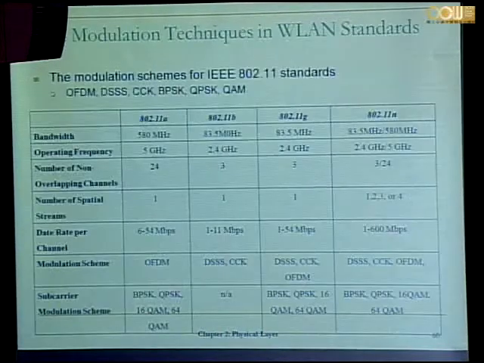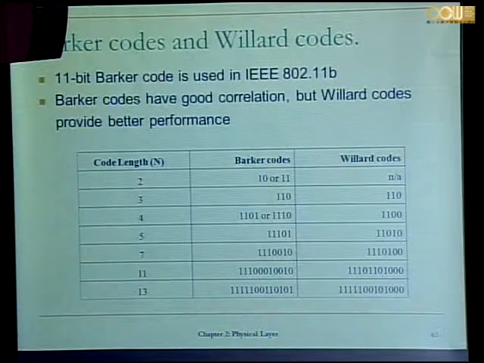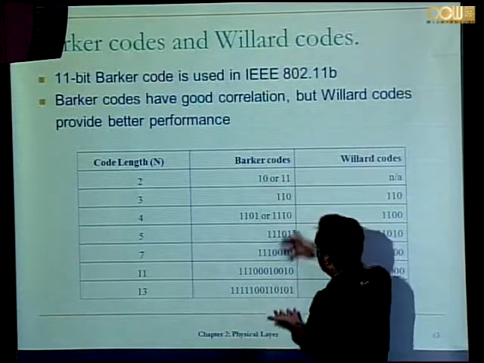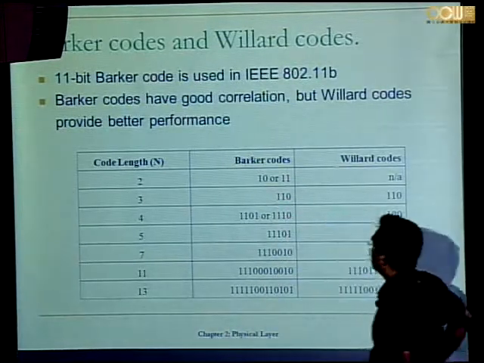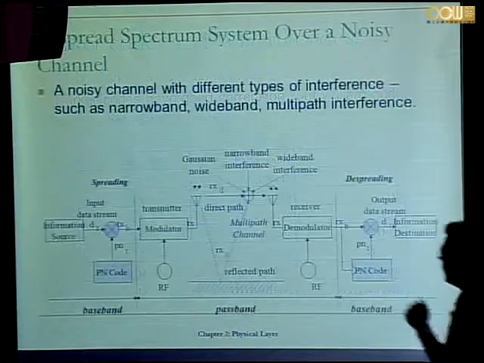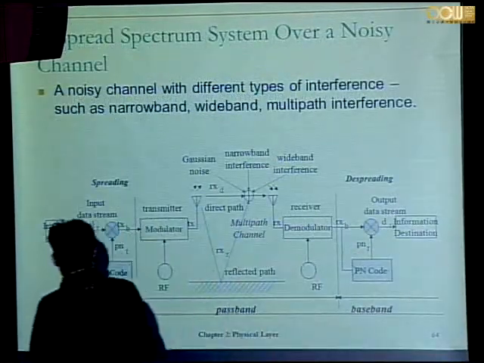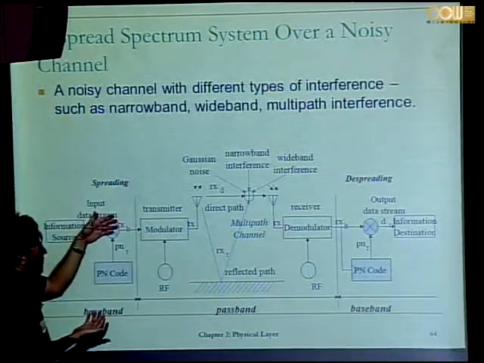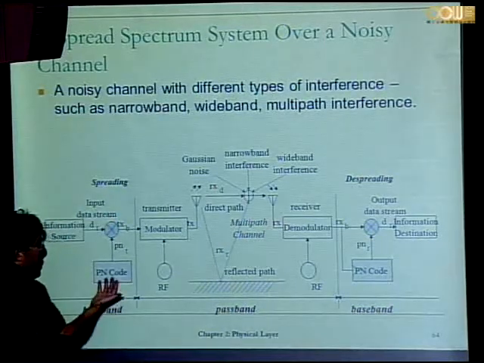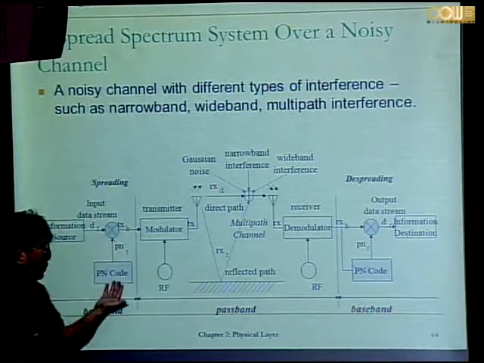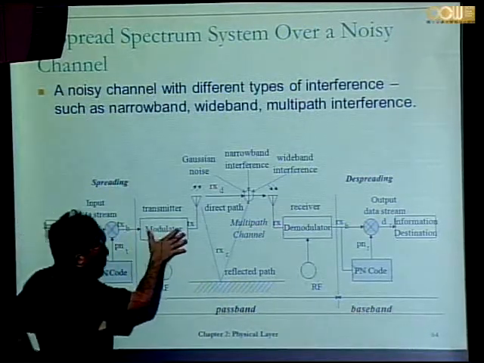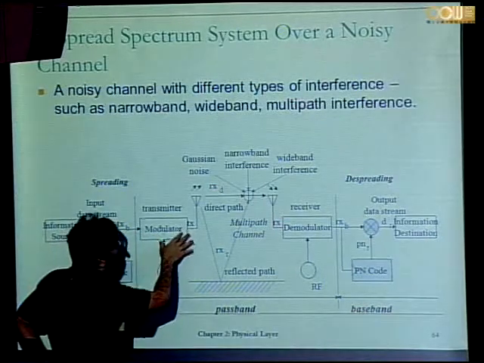And it says that, depending on your code length, they suggest the Barker code. Okay. So if you have a PN code, which is the 11-bit Barker code, then what you do is you have a bit stream here, and you do exclusive OR with the PN code, and then you get this, and then next you do modulation, and then transmit.